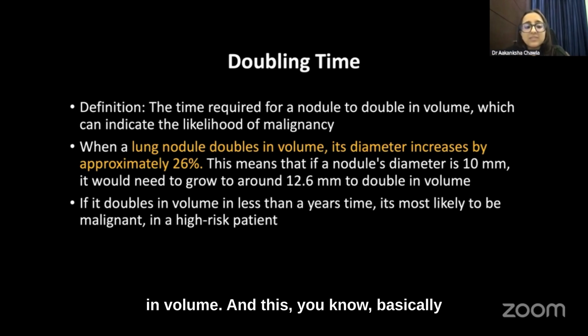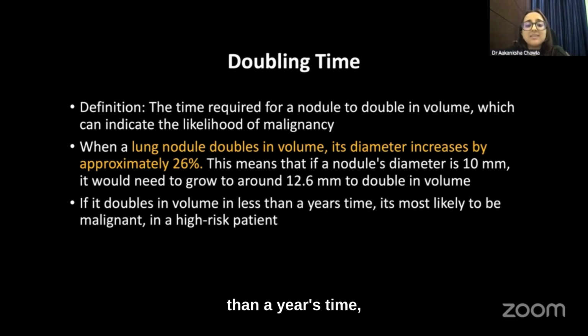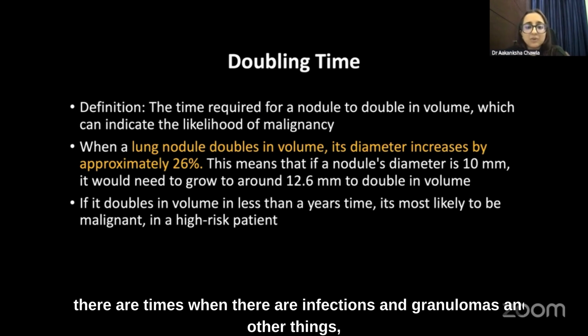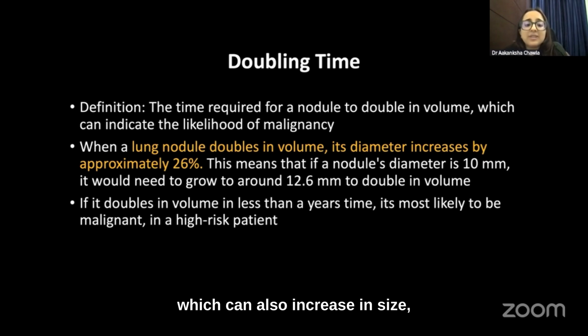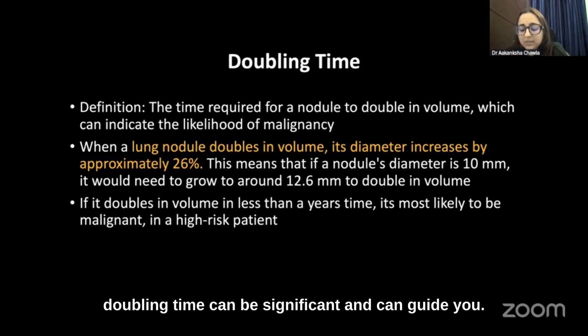This suggests that if the doubling time is less than a year, it's most likely to be malignant in a high risk patient. Of course, there are times when infections and granulomas can also increase in size, but with the typical history, risk factors, and patient profile, doubling time can be significant and can guide you.